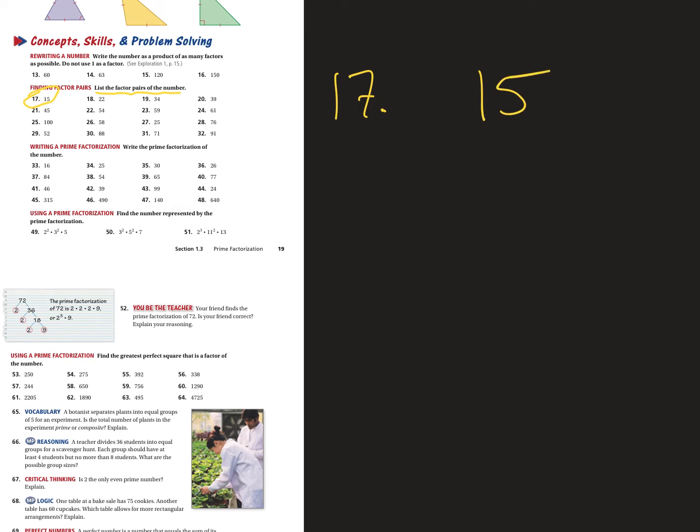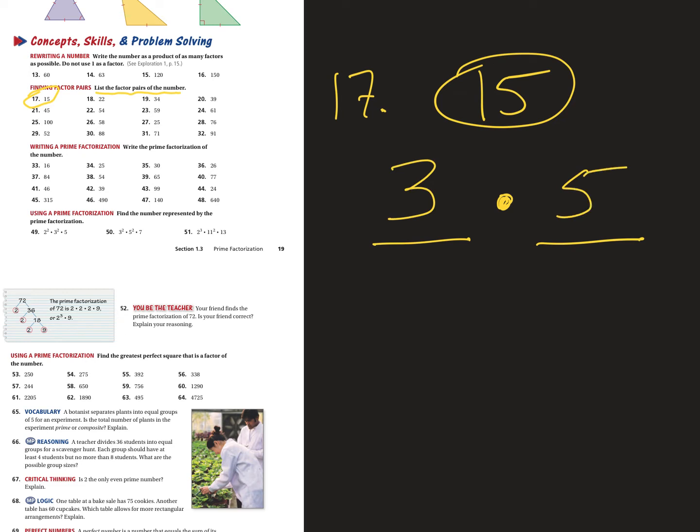A factor pair is a pair of numbers, so that's going to be two numbers that you can multiply to give you that number that is listed, okay? It's only two numbers because it's a pair. So what two numbers can you multiply together to get 15?